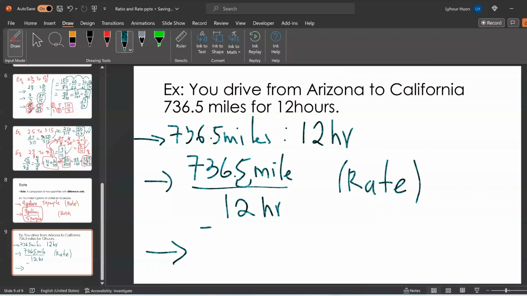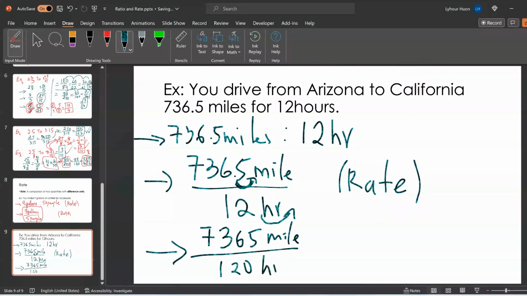Then it's 7,365 miles. The denominator becomes, now that we shift one digit from after the decimal, we also need to shift one digit at the denominator as well. So we add 0, so 120 hours.